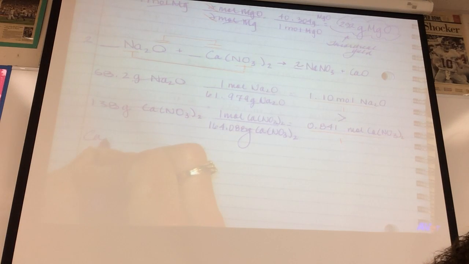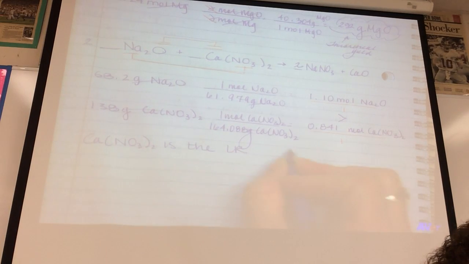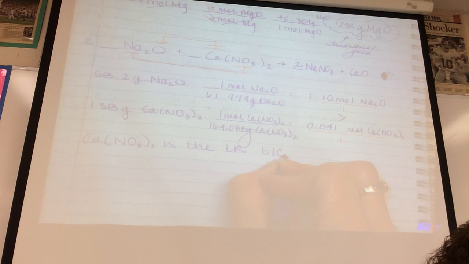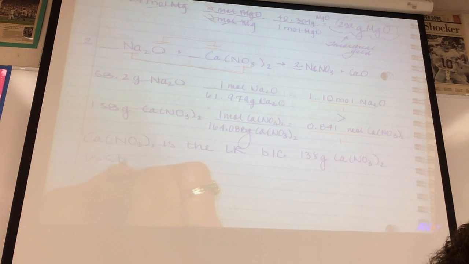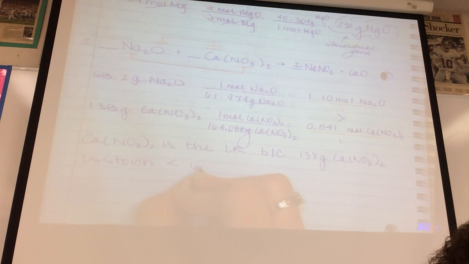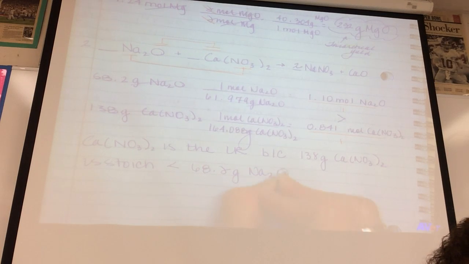Calcium nitrate is the limiting reagent because 138 grams of calcium nitrate, go back to the original, is stoichiometrically less than 68.2 grams of sodium oxide.